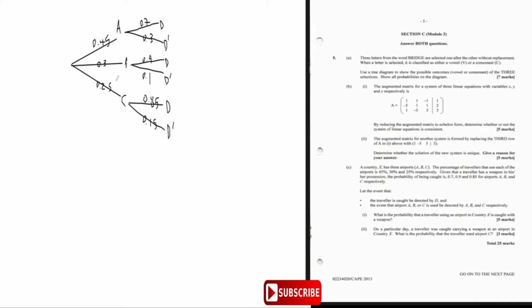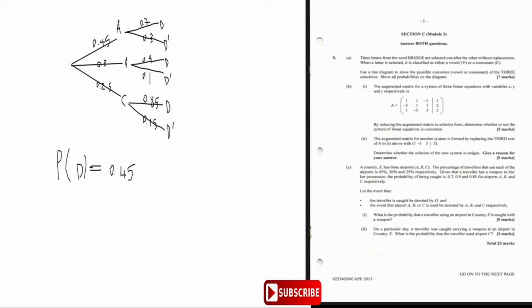It says, what is the probability that a traveler using an airport in country X is caught with a weapon? So they want the probability of you getting caught with a weapon. Now I see why I use the tree diagram. The probability of you being caught with the weapon is equal to the probability of you getting caught at airport A, which is 0.45 times 0.7.